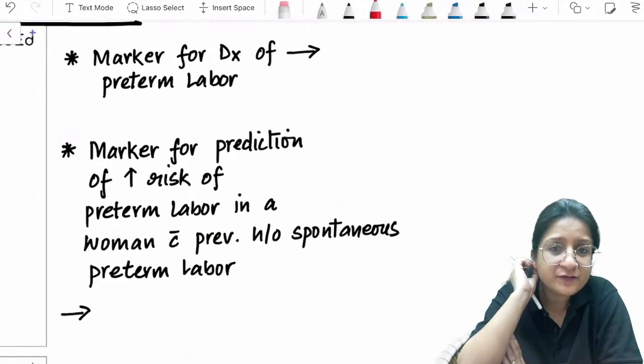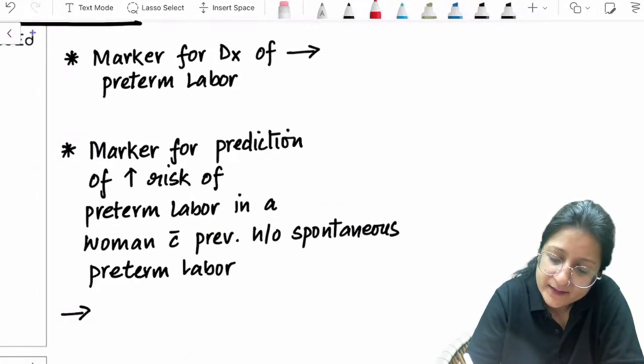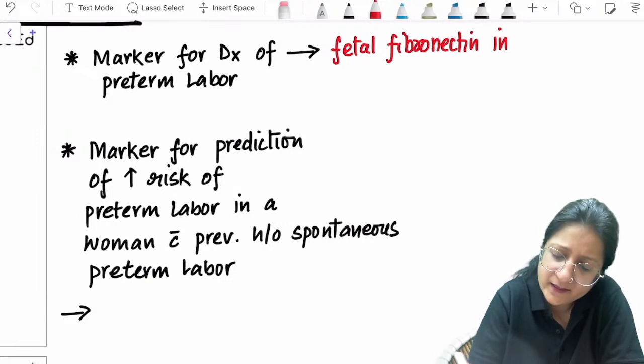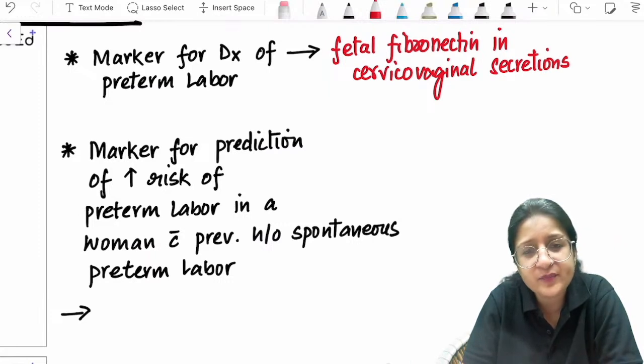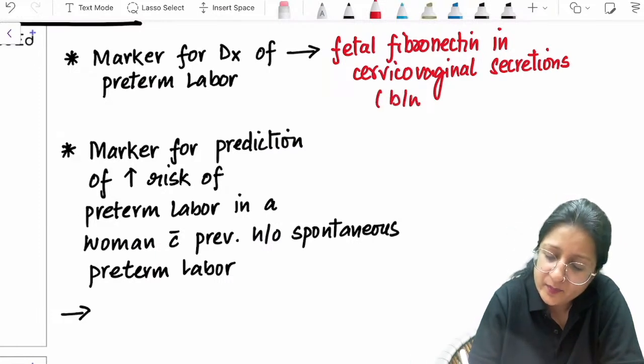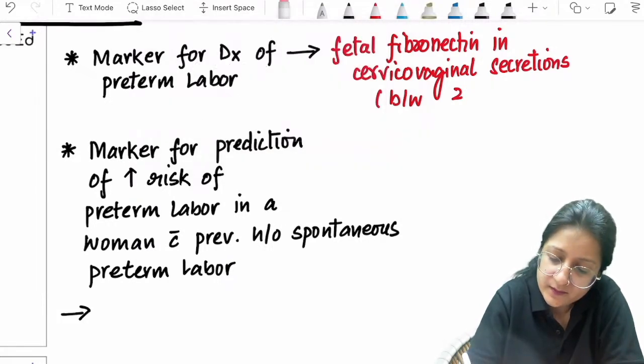So what is that marker? That is fetal fibronectin. Remember this, fetal fibronectin in cervicovaginal secretions. We can test the cervicovaginal secretions for the presence of fetal fibronectin between 24 to 34 weeks.